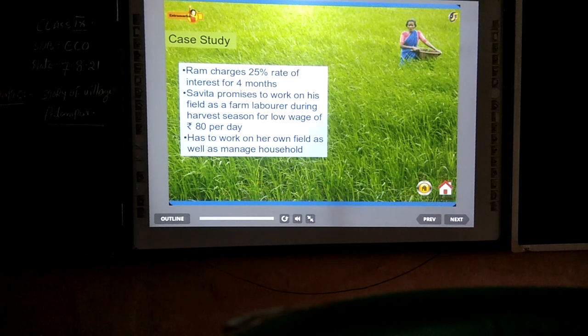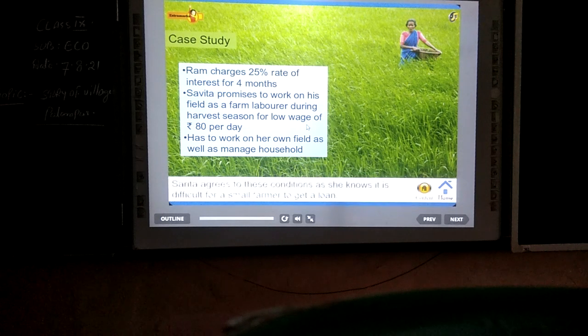She has to work on her own field as well as manage the household. So this is the story of Sarita. Sarita agrees to these conditions as she knows it is difficult for a small farmer like her to get a loan.